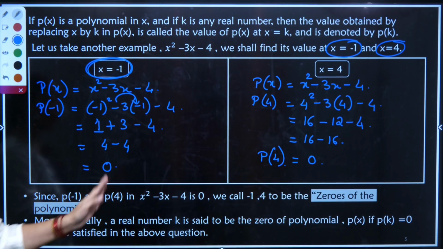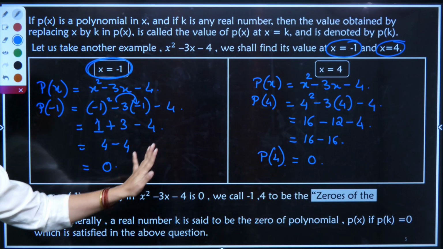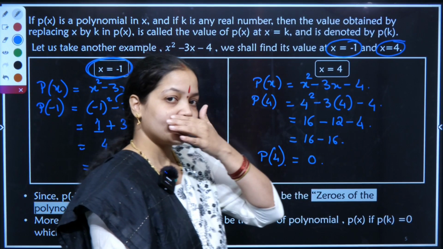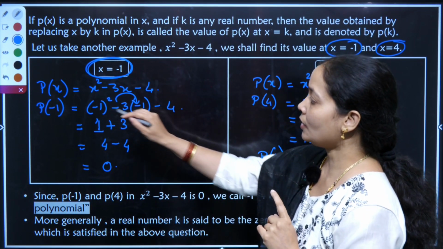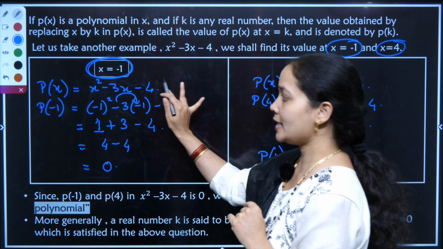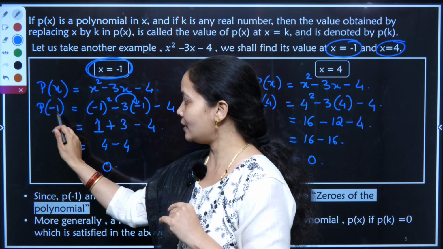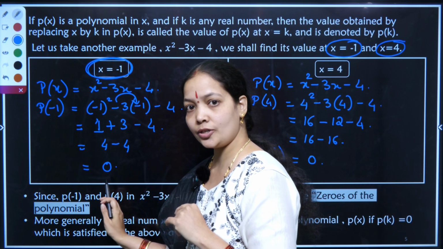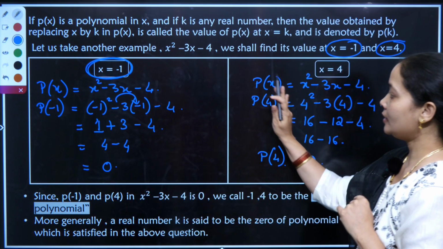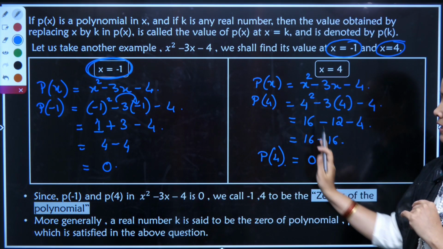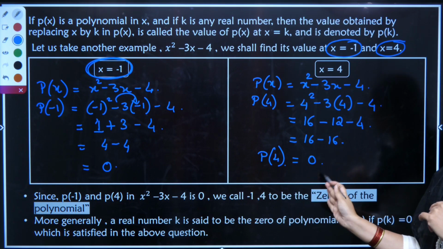We can just look at the whole complete working of the question here. We are able to analyze that the same equation p of x was x square minus 3x minus 4, and we substituted the value of x as negative 1, the answer is turning 0. In the second situation, the same equation is taken and we are substituting the value of x as 4, the answer is 0 again.